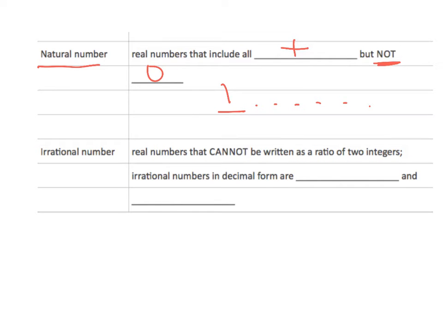The last number we're going to talk about is an irrational number. And again, we're going to come back to this a little bit later, but an irrational number is any real number that cannot be written as a ratio of two integers. Irrational numbers in decimal form are non-terminating and non-repeating.